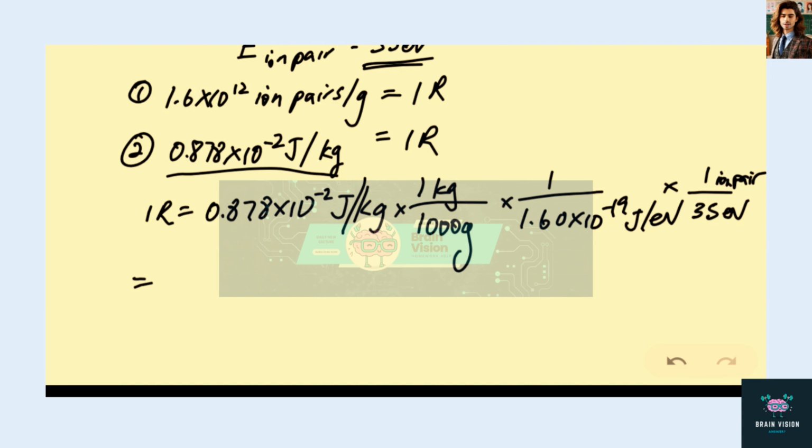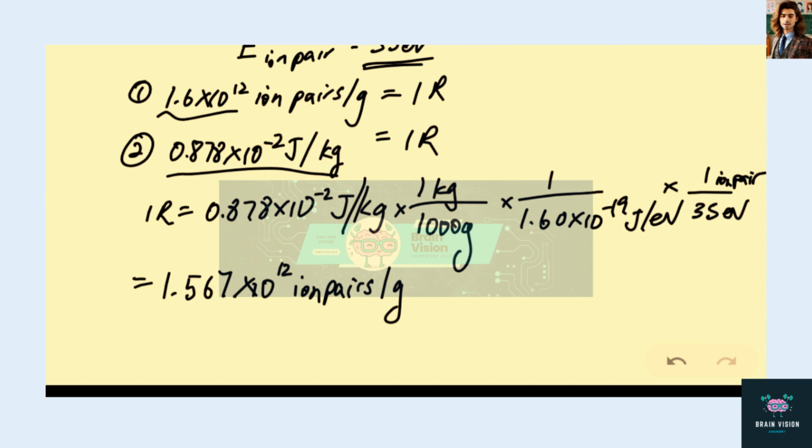Putting it into the calculator, we should get a value of 1.567 times 10 to the power 12 ion pairs per gram, right? Which is quite similar to our first definition.